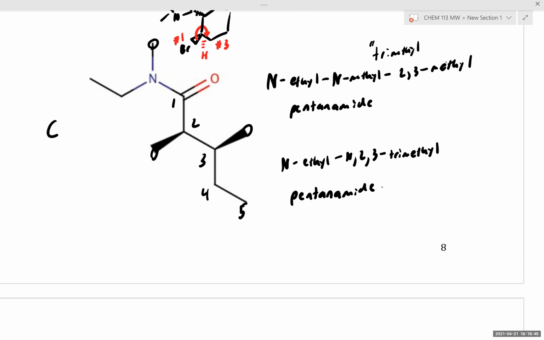We need the stereochemistry. Yes, exactly right. So would anyone like to propose the stereochemistry for these 2 stereocenters along with the locant numbers for each stereocenter? Would anyone like to share their proposed stereochemical assignments?